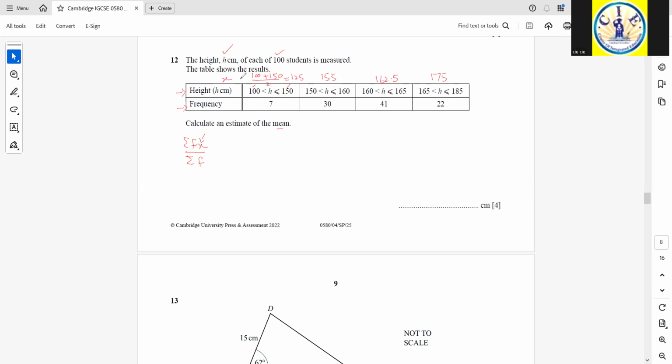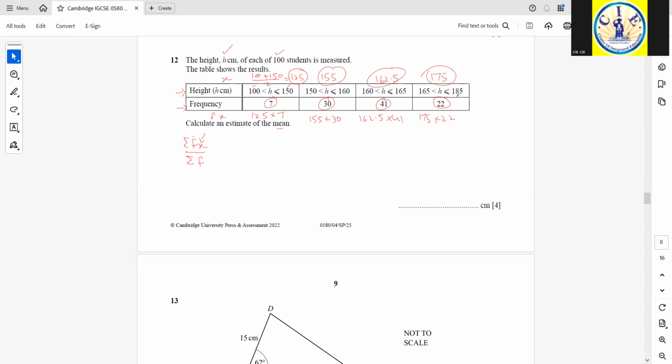These are the x values, and now I need the multiplication of f and x. So for fx, I need to multiply 125 times 7, then 155 times 30, then 162.5 times 41, then 175 times 22. And then I need to add them together.